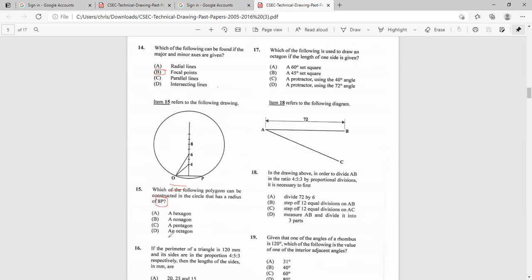Which of these is an 8-sided figure? Octagon. So it would be D.